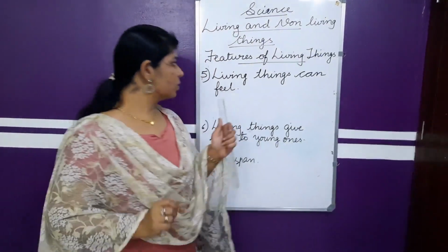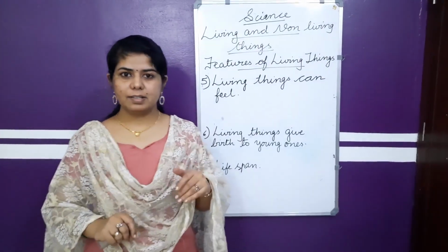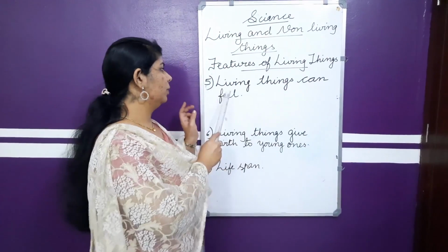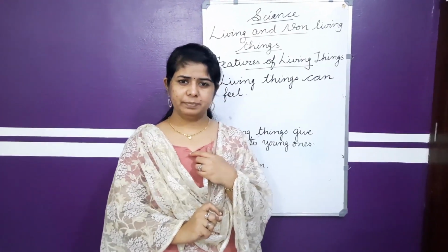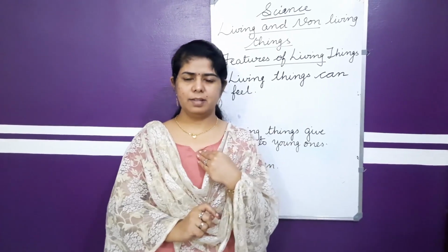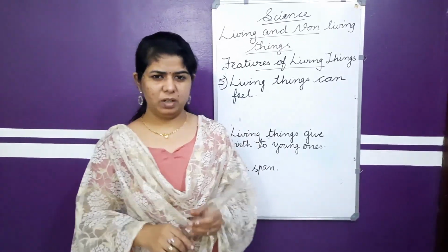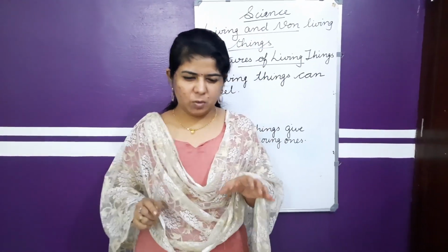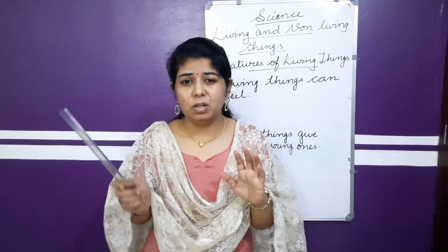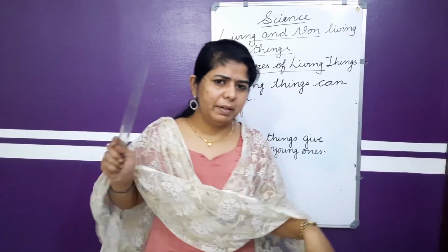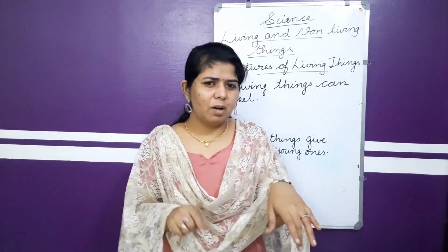Yes, so the next one is living things can feel. The 5th one is living things can feel. They have different feelings. Take yourself. If your mama is very angry, it means you have done something. Sometimes she is very angry, the food is not good, and she beats you, not like this, a small beat.